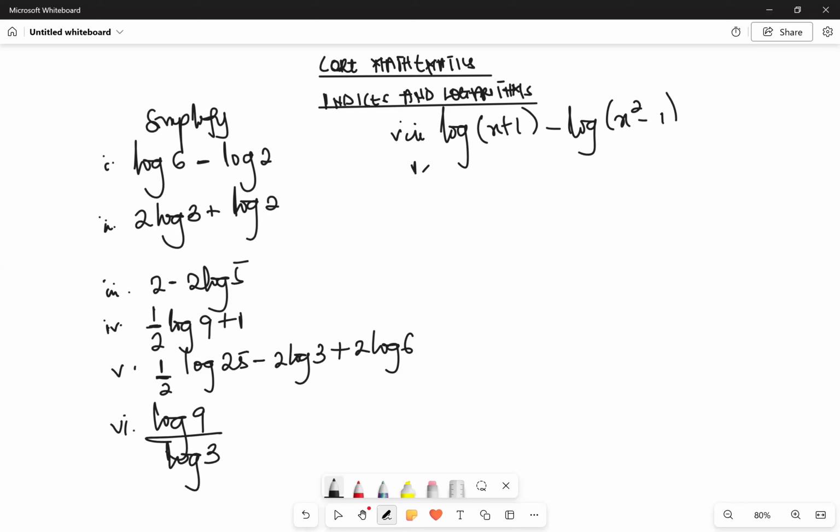Then 2 log 5 base a plus log 4 base a minus 2 log 10 base a.